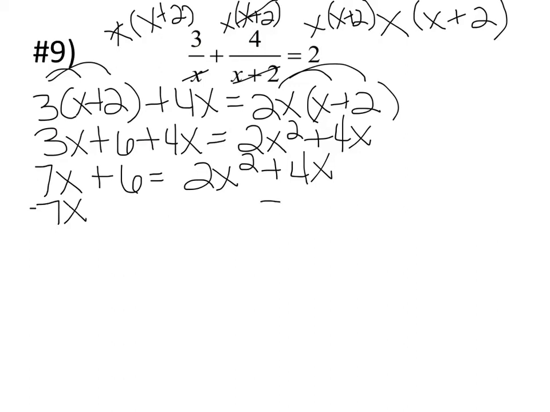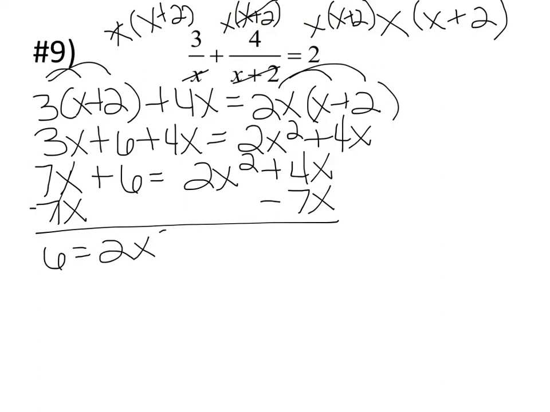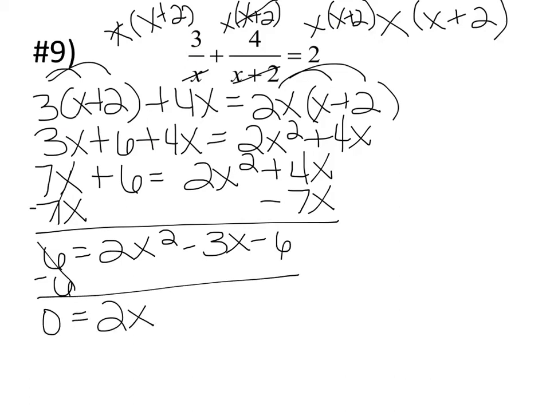The x squared is a dead giveaway that I'm going to have to factor. So subtract 7x from both sides. And then subtract 6 from both sides, leaving you 0 equals 2x squared minus 3x minus 6. All right, now I'm going to look at this and see if I can just do regular factoring.